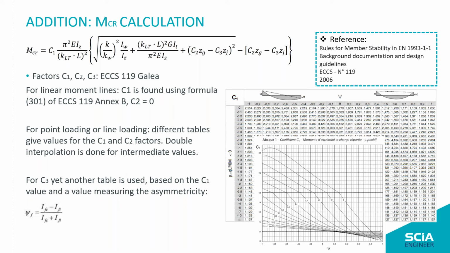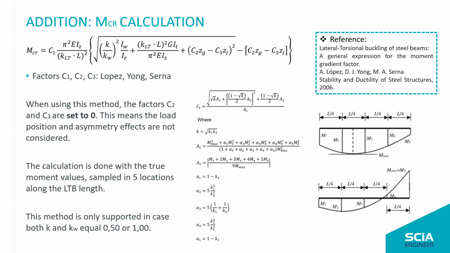And then for C3, another table is given where, based on the C1 value and a value that gives some symmetricity to the section, we can find a value for C3. So that's the most known of the methods.